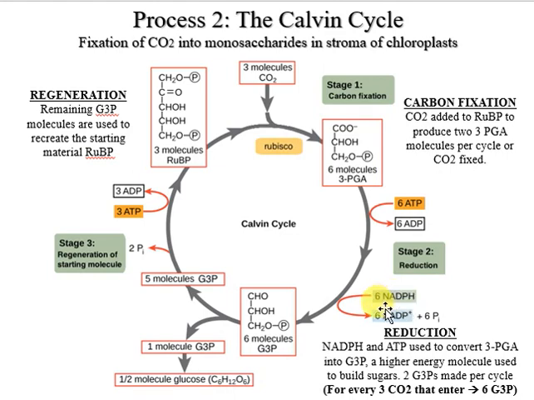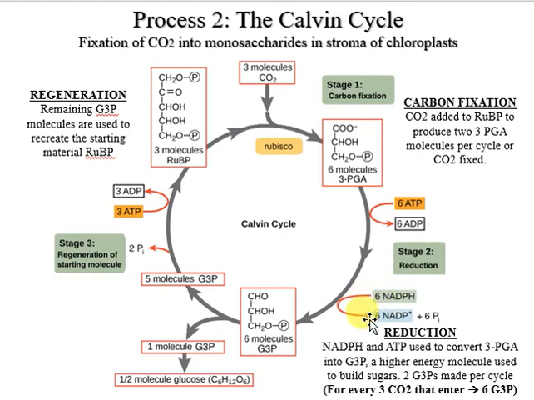So your NADPH is oxidized back to NADP+. Where do you think this NADP+ will go? Right, it's going to be cycled back to your light dependent reactions. But here, again, it's oxidized to your NADP+.